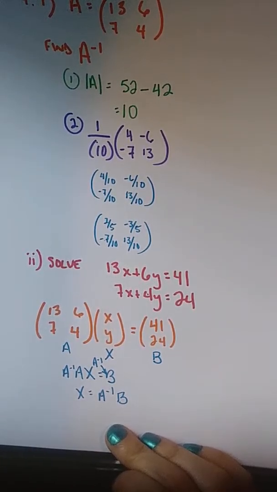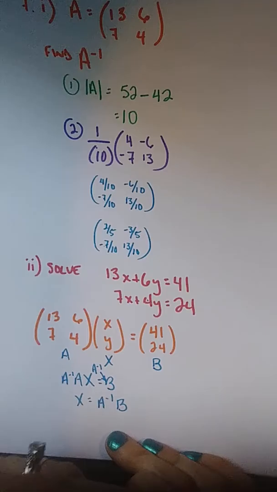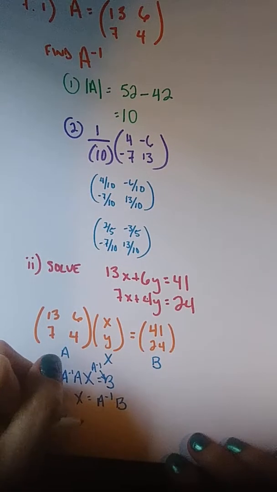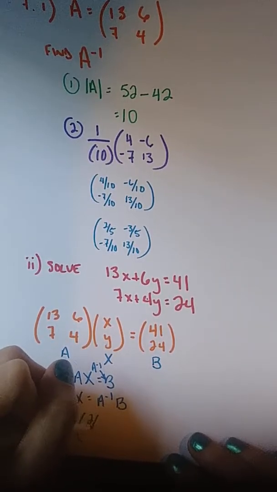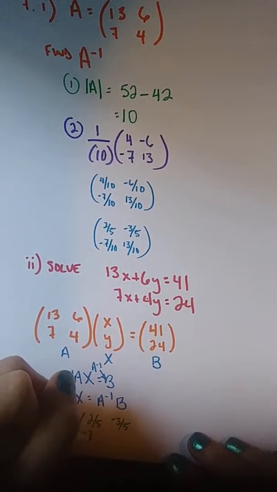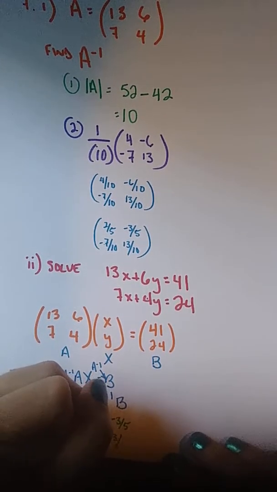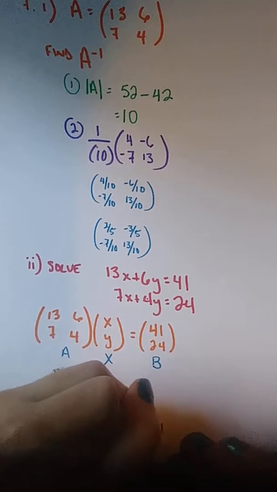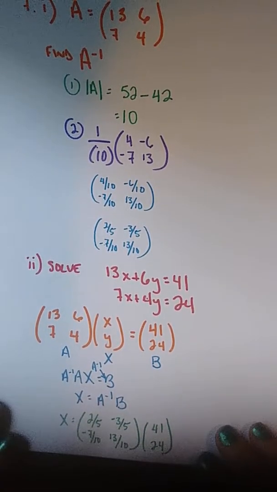Now, I already found the inverse of A in part 1, so all I have to do to find x is to take that inverse matrix, 2 fifths, -3 fifths, -7 tenths, 13 tenths, and I have to multiply it by matrix b, 41, 24.